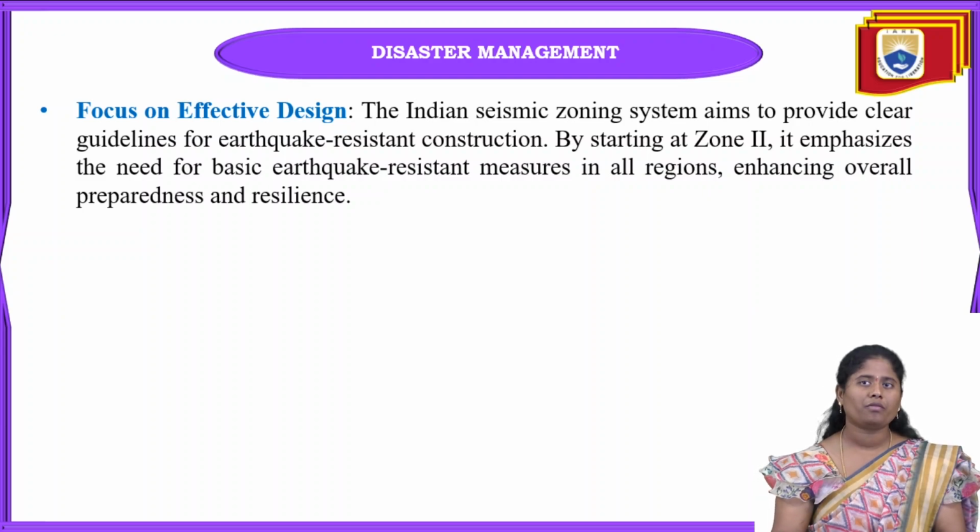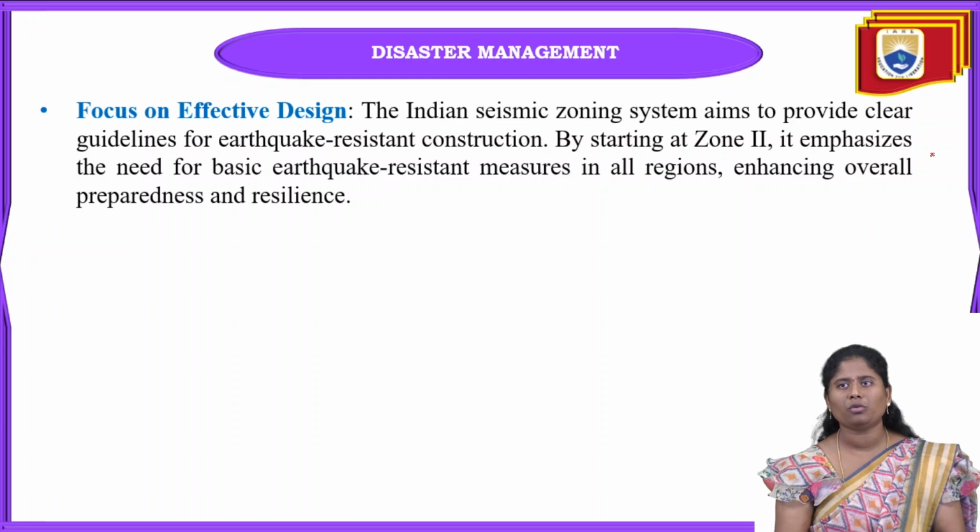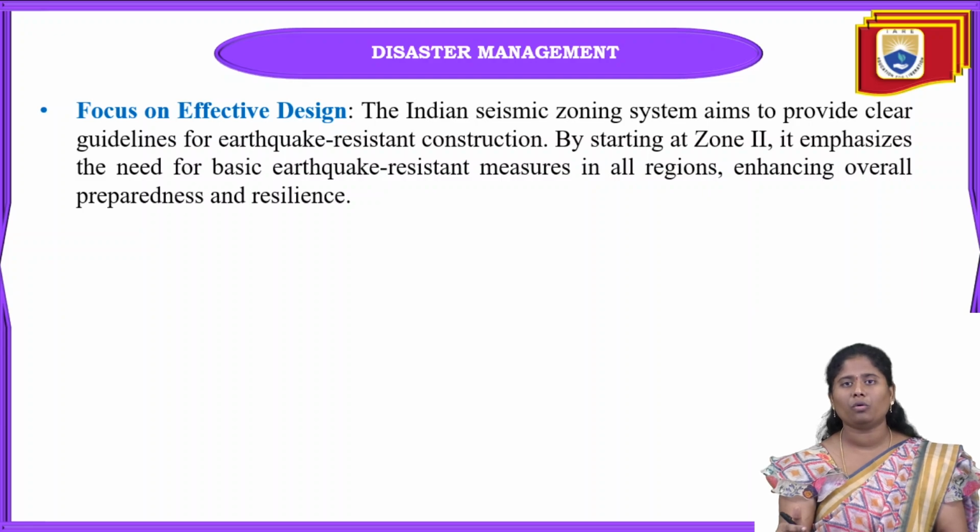From our India's view, we have already designed our guidelines, and starting from Zone 2, it emphasizes the very basic earthquake resistant measures for all the areas. We have to be prepared, we have to enhance the resilience of those areas, and we have to know how to prepare and how we are going to mitigate it. Everything we have already designed in our code books or building codes.